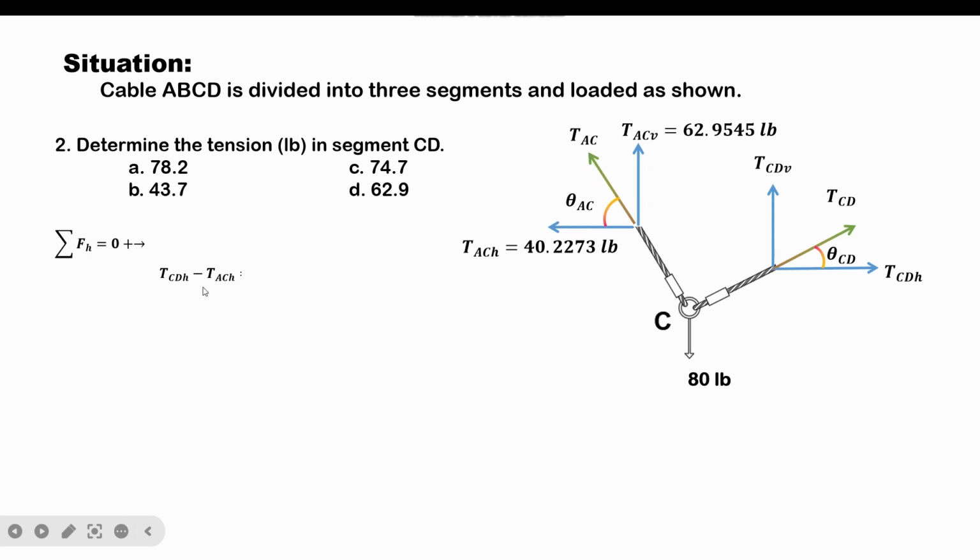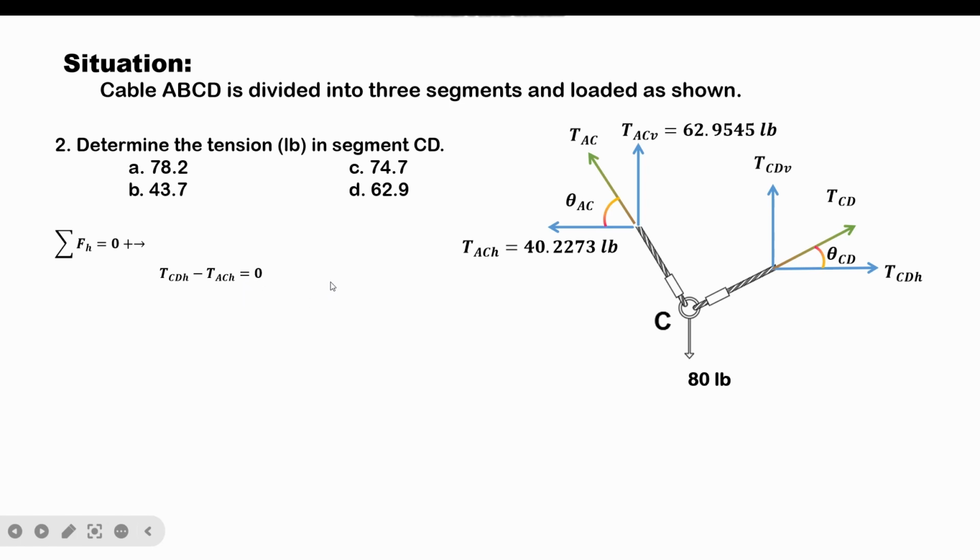So that would be negative TACH. Again, this negative sign associated with the horizontal component of the tension in segment AC is pertaining to the direction of that force itself. It is acting to the left, that's why it is associated with the negative sign. If you look at joint C, there will no longer be horizontal forces involved in this equation. So that would now be equal to 0.